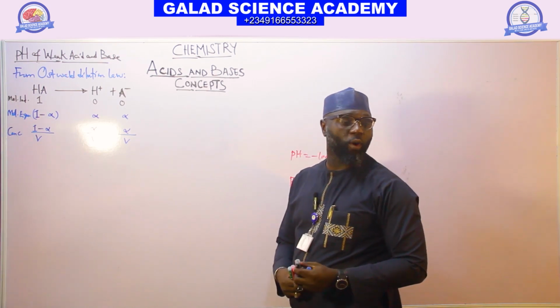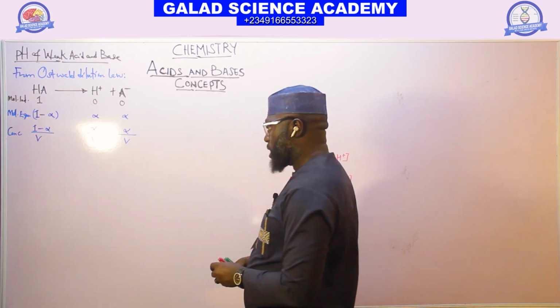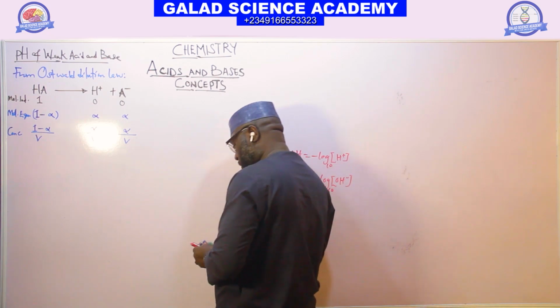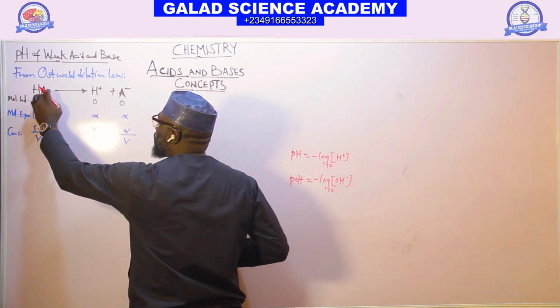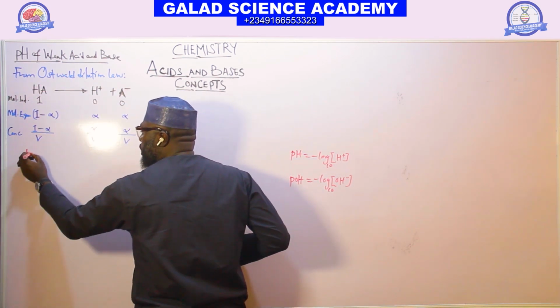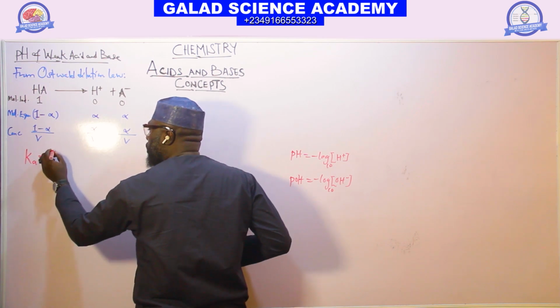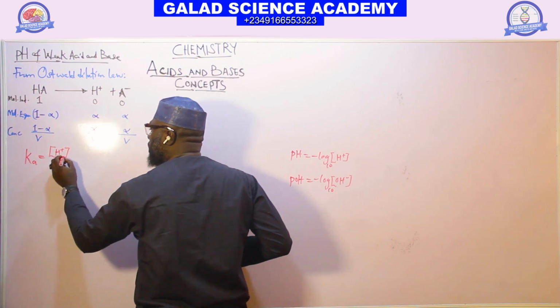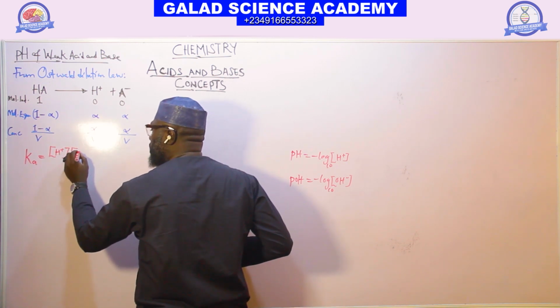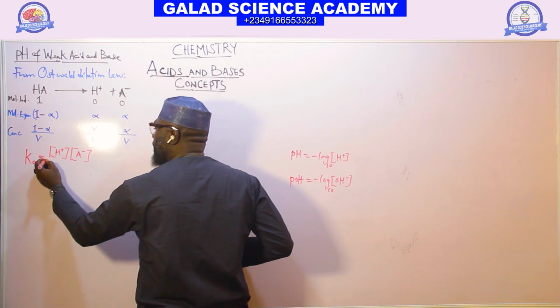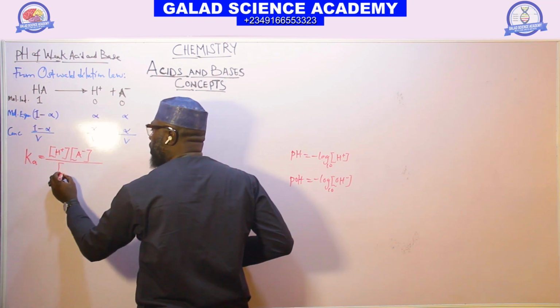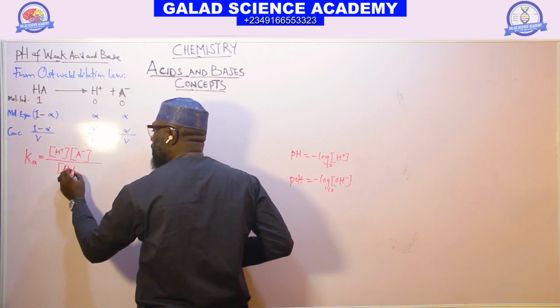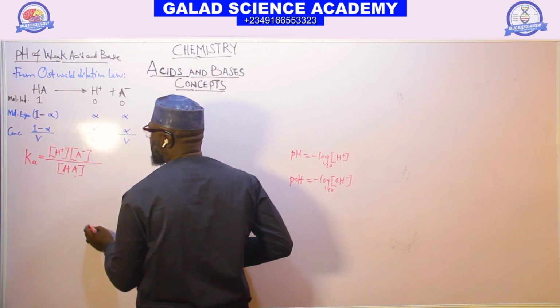I now said from the equilibrium constant. What is the equilibrium constant? Write the equation for this reaction. It will be Ka, the concentration of hydrogen ion times the concentration of A minus over the concentration of the acid.